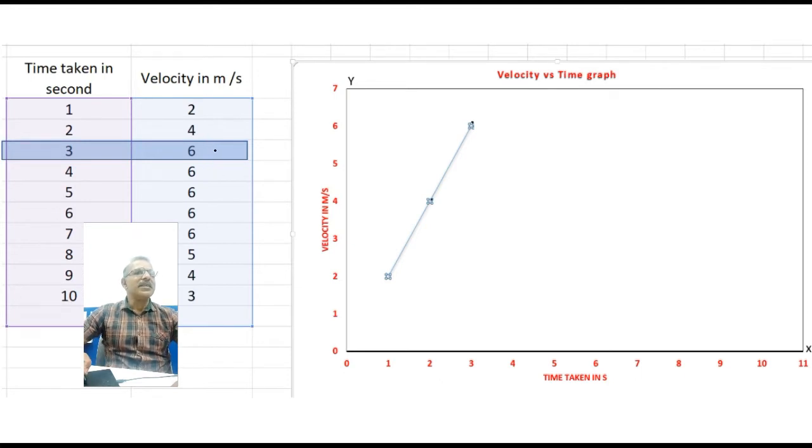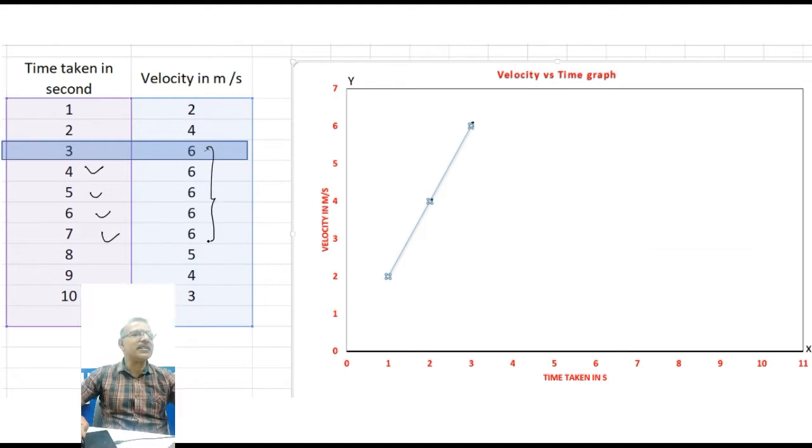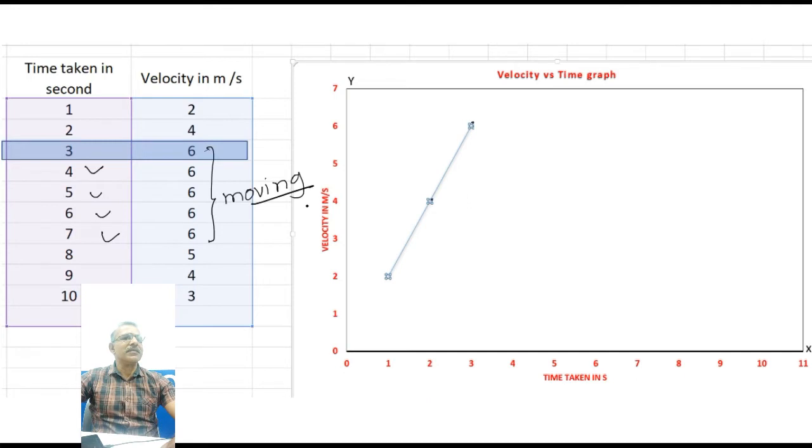Okay. After that, you see, the velocity remains constant for the 4th second, 5th second, 6th second, and even the 7th second. Body is moving, but it moves with a constant speed or velocity.